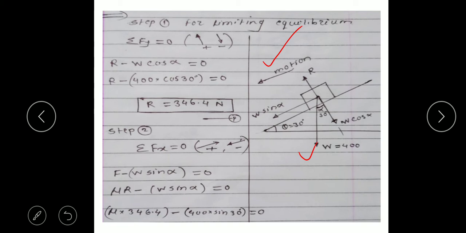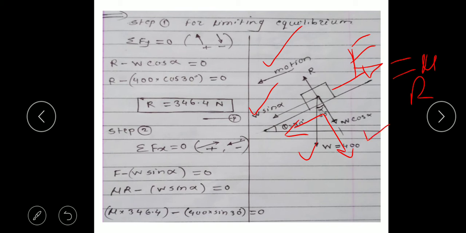Due to that, the frictional force will act between the body and the surface, and this force is indicated by F. Its direction will be upward, and F, as you all know, equals mu into R. Before going to the detailed solution, we always resolve W. Here the force W is resolved into two components: the first is W sin alpha and the second is W cos alpha.